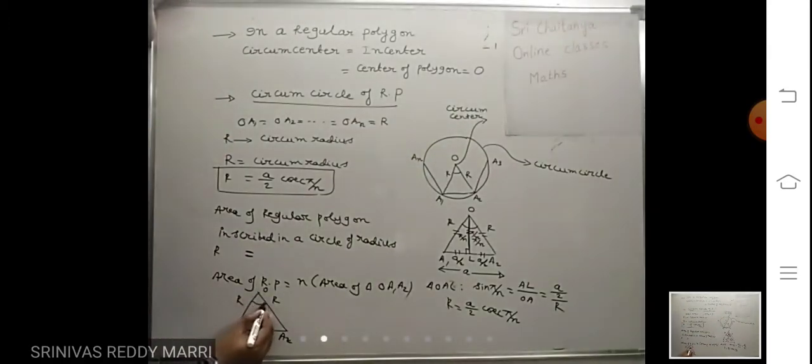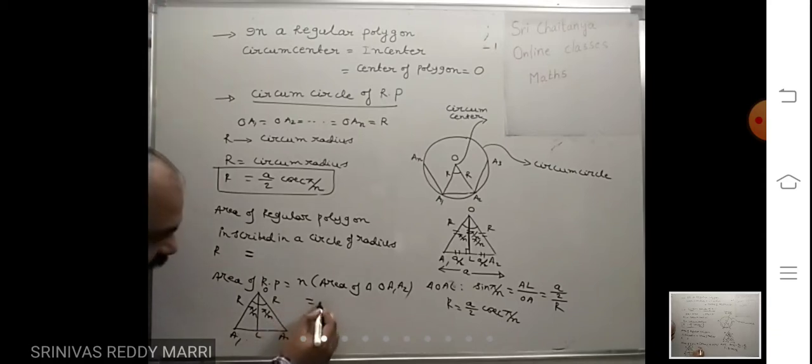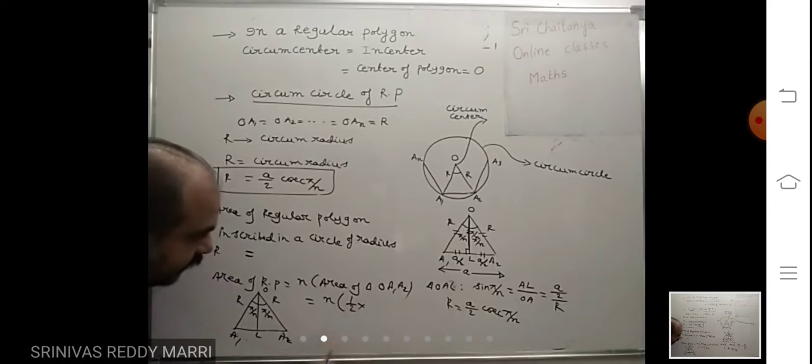This angle is what? So let us say this is pi by n, because the complete angle is 2 pi by n. Now area, here what I am writing is n into half into base into height.